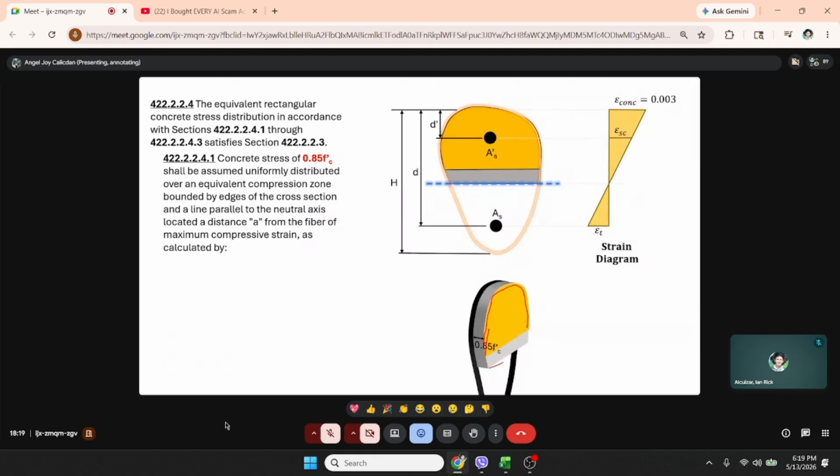And parallel to the neutral axis, you measure a. And this a, which is the depth of the equivalent stress block, is equal to beta 1 times c. So a is from the extreme compression fiber down to here.